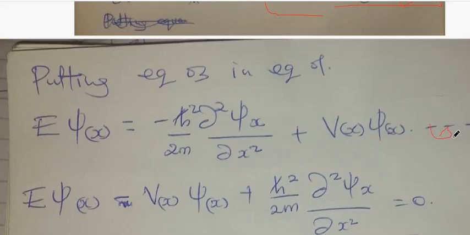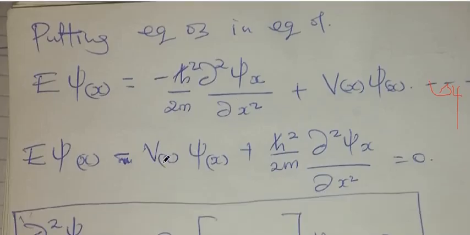So let that be equation 4. Then we have E psi of x minus V of x psi of x plus h bar squared all over 2m delta squared psi of x all over delta x squared is equal to 0.